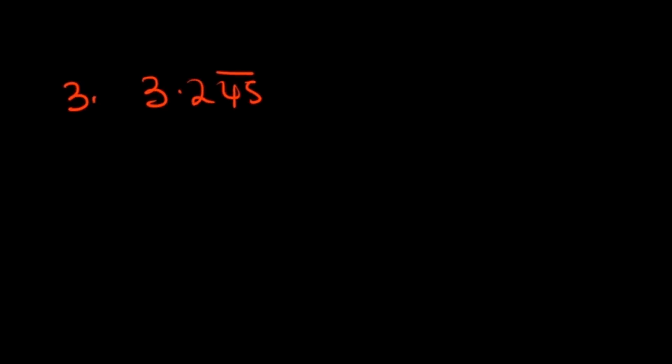Remember that the 4 and the 5 carry the bar together, and that means that they are repeating, okay? Hence, we're going to say again, let x be equal to 3.245 bar, all right? Now we can bring it down and call it our equation 1.